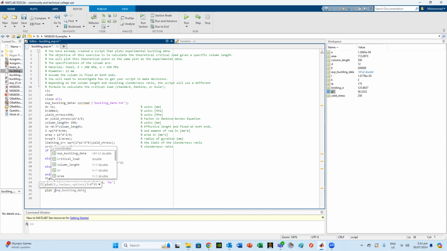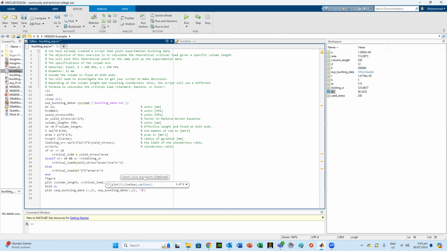We now bring the experimental buckling, but we need to make sure, as we said in the class, to bring the data for X and Y, and experimental buckling again for the second column, and we could give it a color, red X.